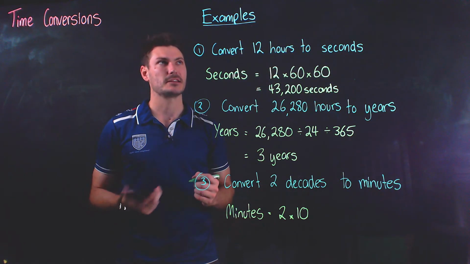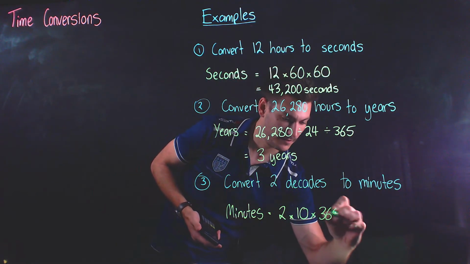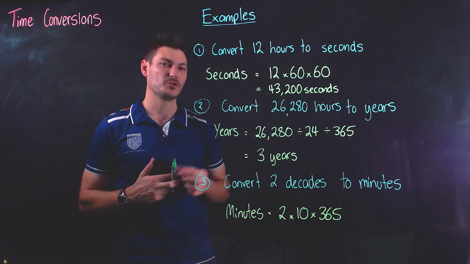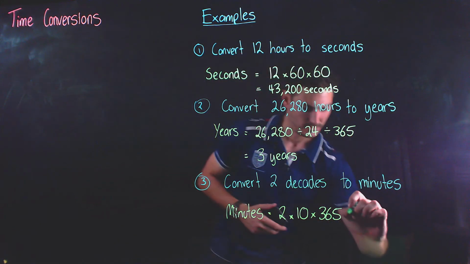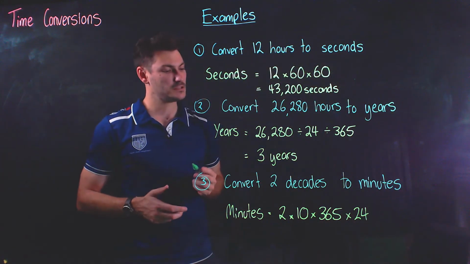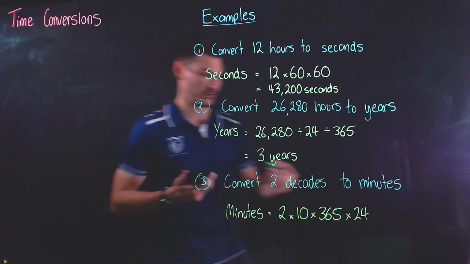So the number of days in each year is 365. So I'm going to times by 365. And now I'm in days, I want to go to hours. So I'm going to multiply by 24. And finally, to go from hours to minutes, I have to multiply by 60.